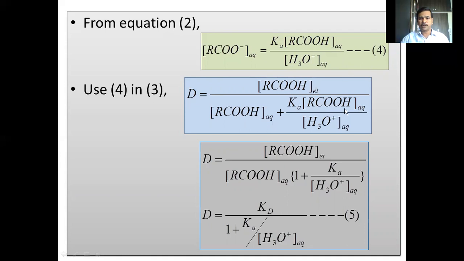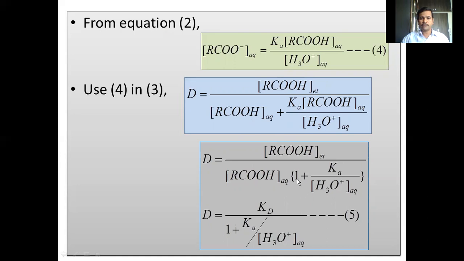So that is Ka into concentration of RCOOH in the aqueous layer divided by concentration of H3O plus in the aqueous layer. You further simplify this equation, D is equal to RCOOH concentration in the ether divided by, let us take this concentration of RCOOH in the aqueous layer as a common factor. So this has been taken as a common factor.